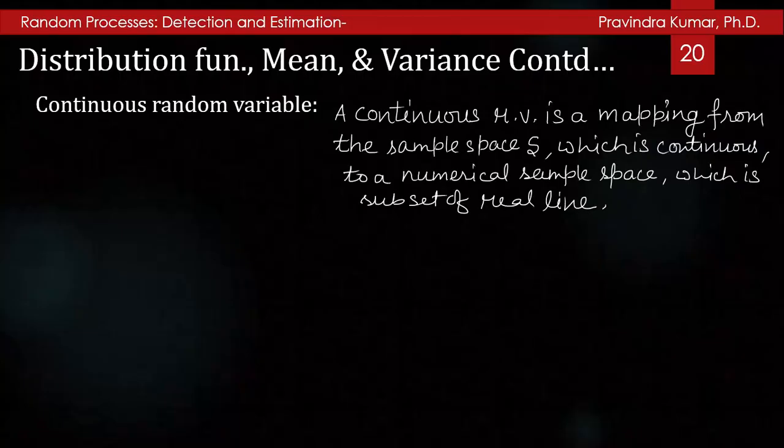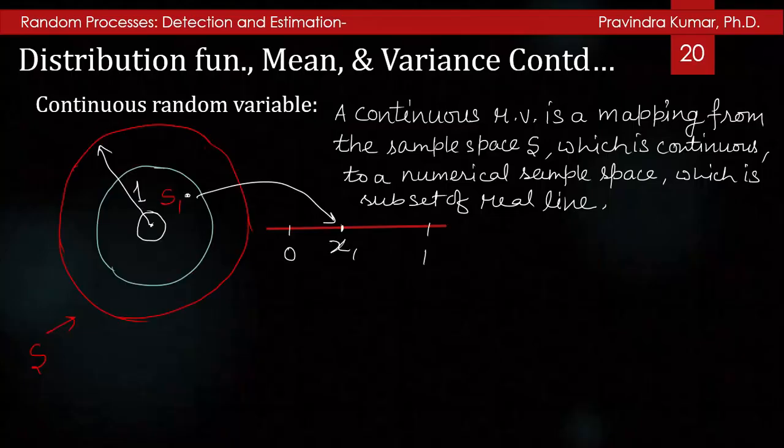A continuous random variable is a mapping from the sample space S, which is continuous, to a numerical space Sx, which is the set of real lines. For example, consider the experiment of gun shooting, where the target can be anywhere on a circular board, as you can see in this figure.